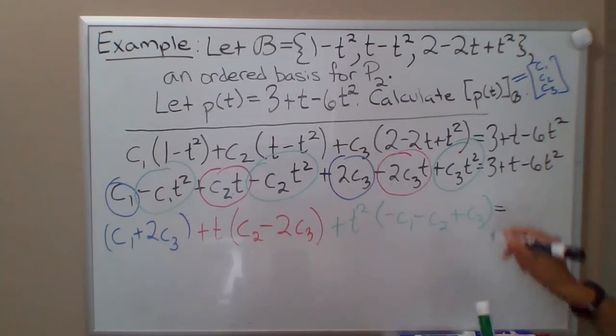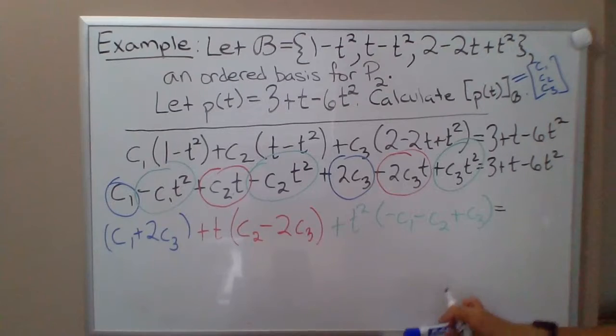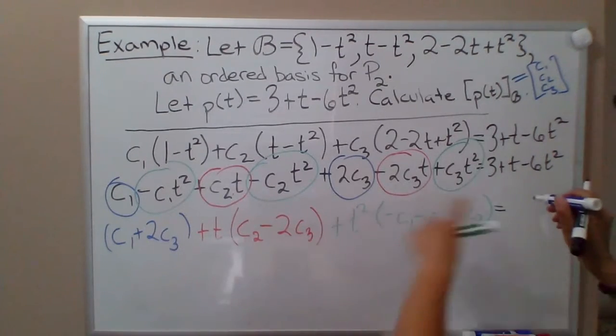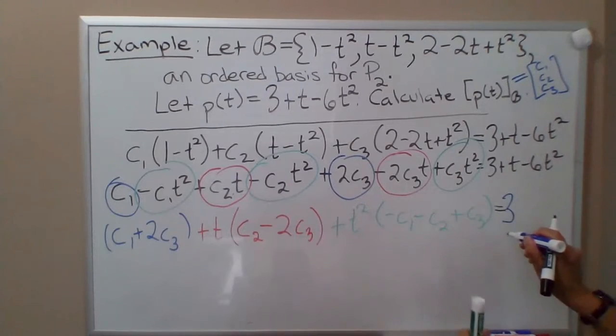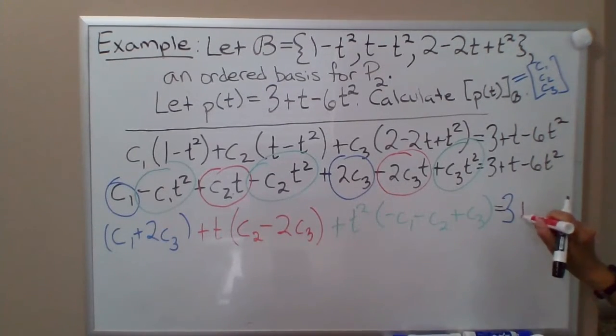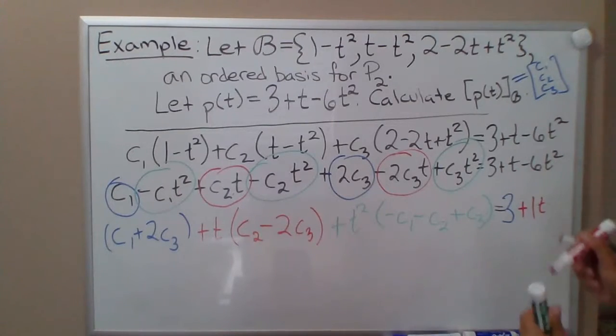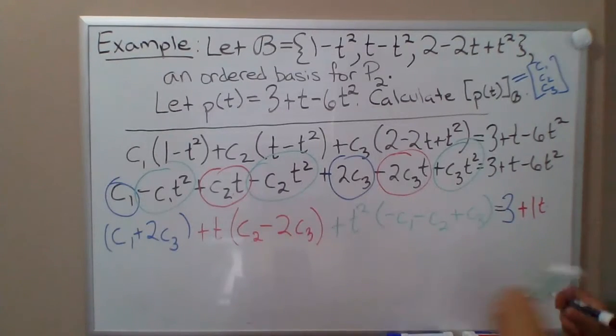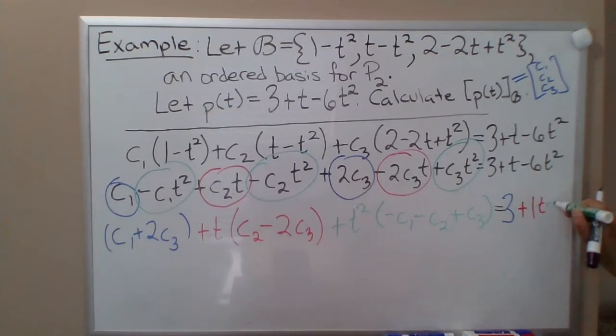But so we match this up with the coefficients on the right-hand side of this equation. The constant term is 3. The t to the first term is positive 1 times t. And then the t squared term is minus 6t squared.